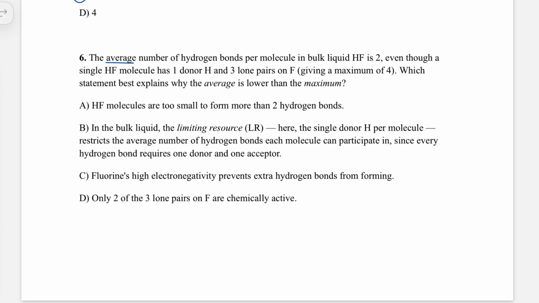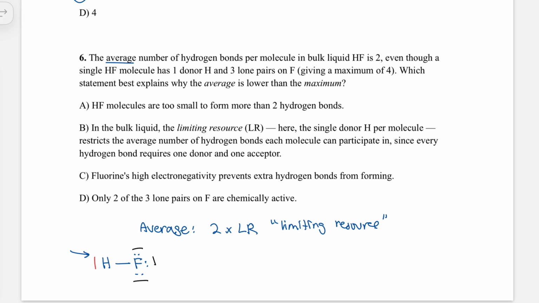What this means basically is, I'll give an example. For example, with hydrofluoric acid, we have 1 donor, and then we have 3 acceptors. So what's limiting is the minimum number of donors or acceptors. Here we only have 1 donor, and this is the limiting resource. So that's what LR is in this case.